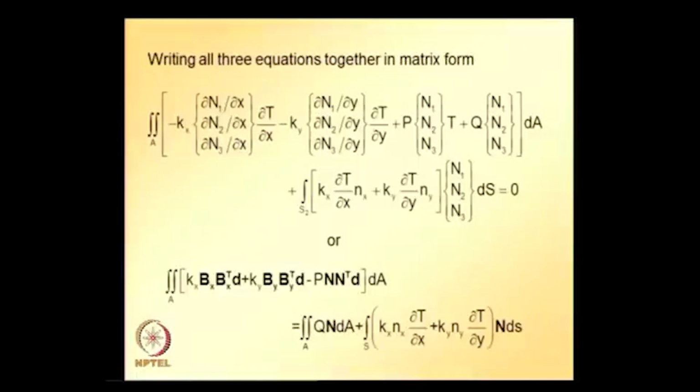So, basically using the Galerkin criteria we get this in terms of derivatives of shape functions. Bx and By are the matrices consisting of derivatives of shape functions, and N is the matrix consisting of finite element shape functions.